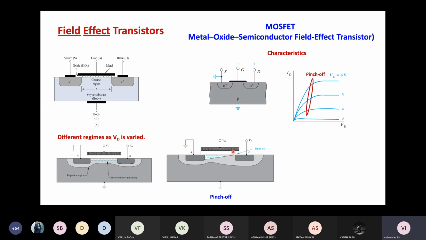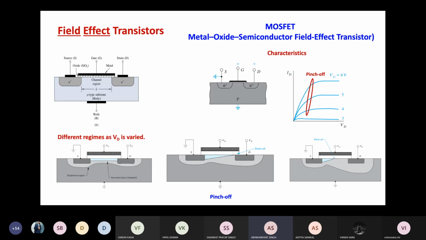Something like this might happen because of the large drain voltage. This is known as the pinch off. Pinch off means that the channel has been cut off in between.